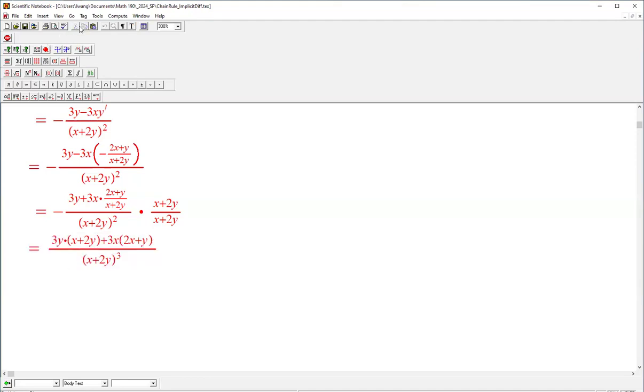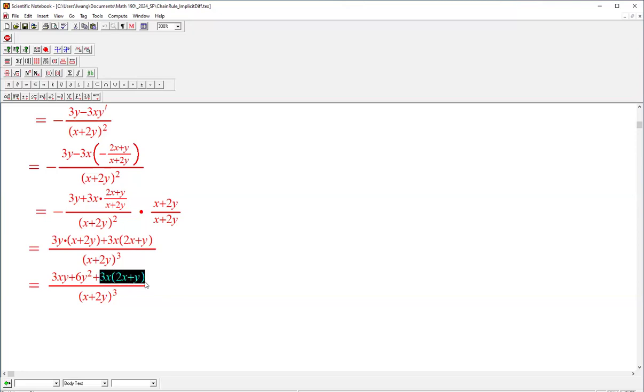Now, distribute. Okay, distribute. So here on the first part, we're going to have 3xy plus 6y squared.